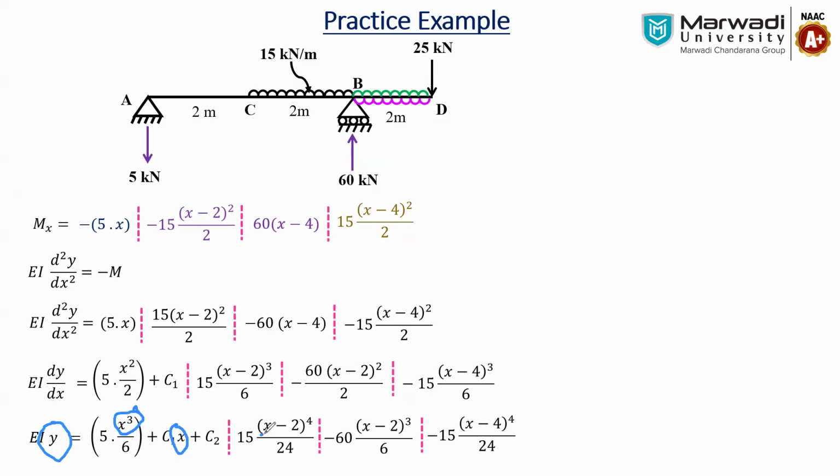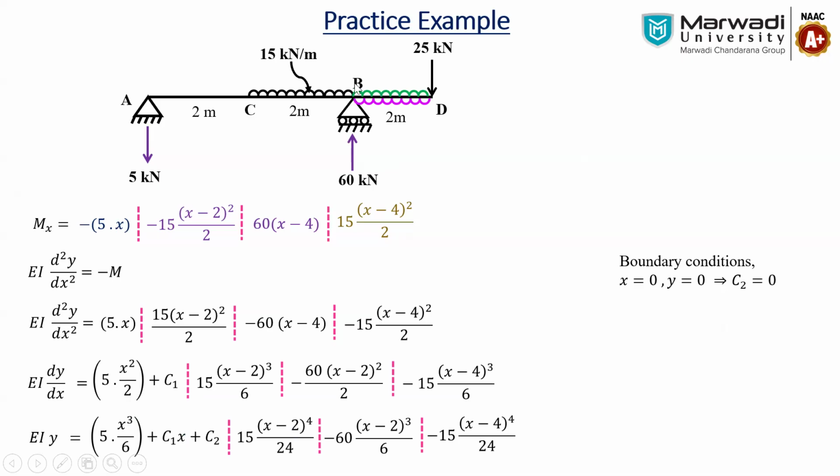Now if we reach this one, 0 minus 2 becomes minus 2, so we have to neglect this term. Similarly, we have to neglect this term. Similarly, 0 minus 4 is again less than 0, so we have to neglect this term. So what is remaining? That is C2 equal to 0. Like we have seen in the previous example, it's the same boundary condition and C2 is equal to 0.